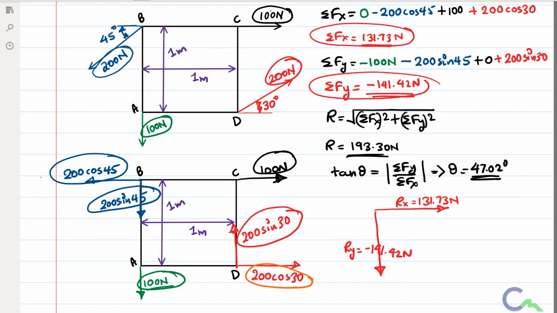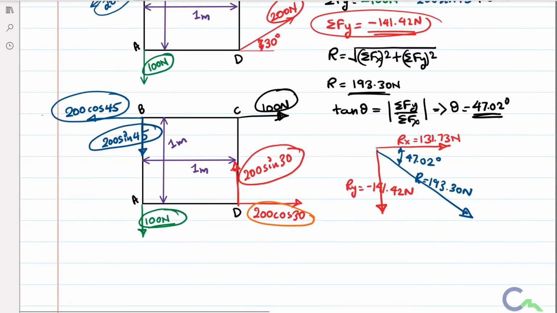Then our resultant is acting in between the horizontal and vertical component, somewhere here, because the angle is 47.02 degree, 193.30 Newton, that is the resultant.